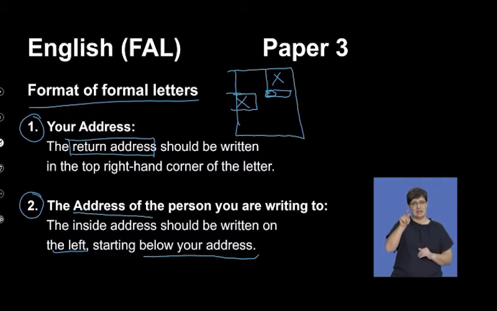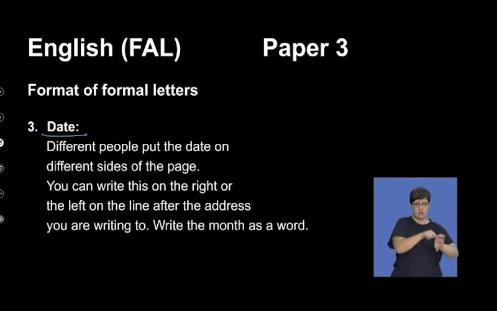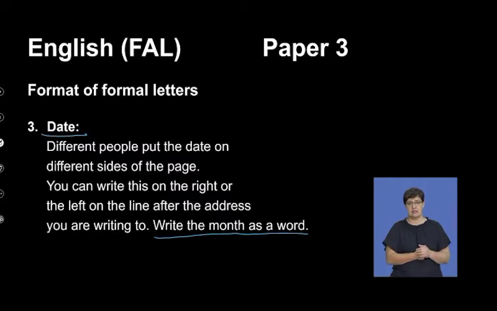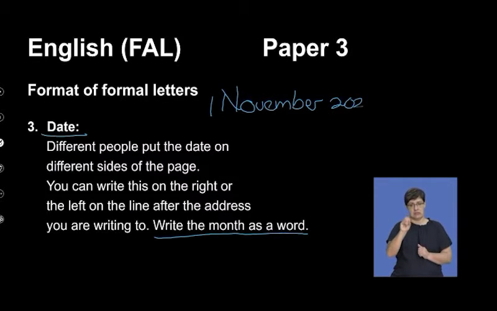Remember, it should leave spaces, okay? So, there should be spaces between the addresses and the date, okay? And then you can write this on the right or the left hand side of the address. You write the month as a word. So, if we are writing the date, for example, the 1st of November, we should actually write November in full with the year.